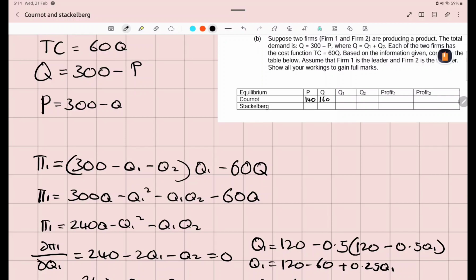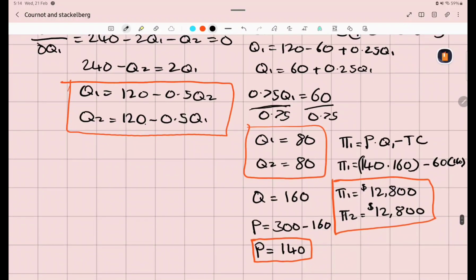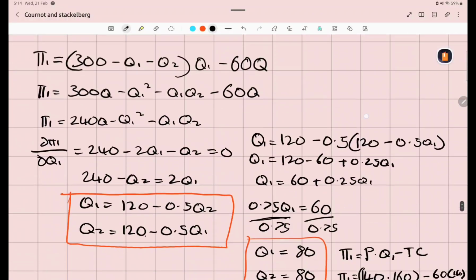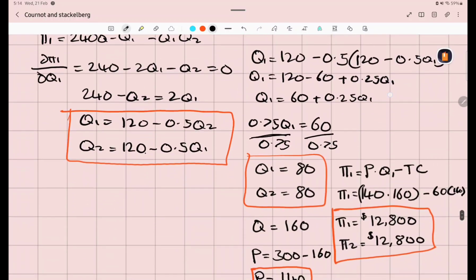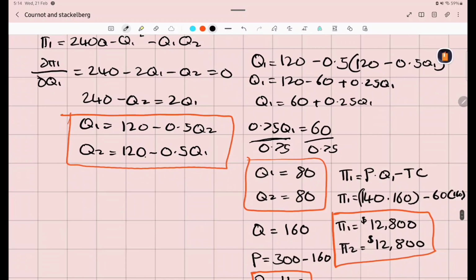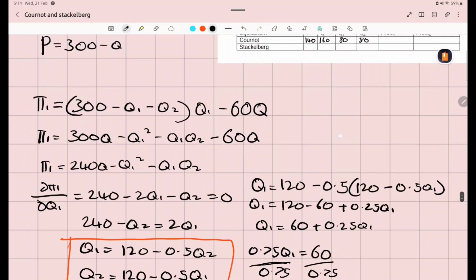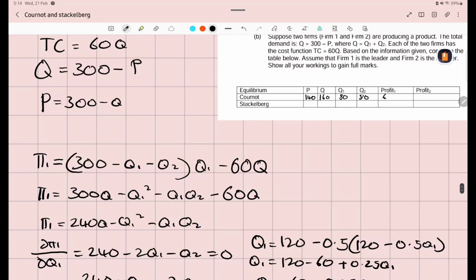And so, I've already made a mistake with the profit, sorry. The profits will be 6,400 for each.